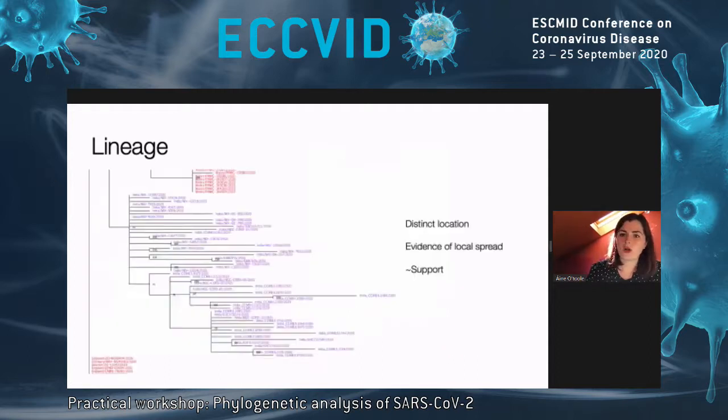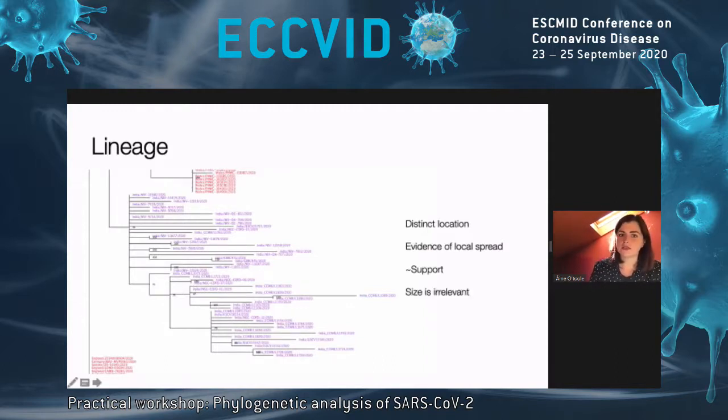An example of the sort of quintessential lineage here is given, and we see in this background of UK sequences, we see a distinct lineage where all of these sequences are actually in India, and there seems to be a single branch, so we've identified a SNP, and then we see evidence of onward spread, which roughly translates to diversity within this tree.